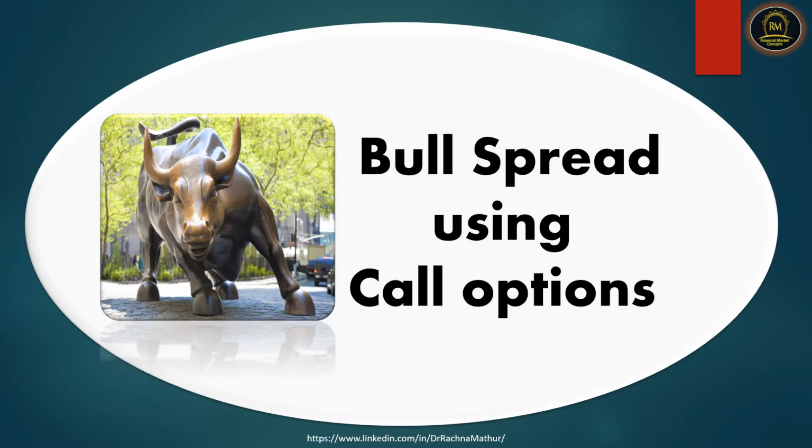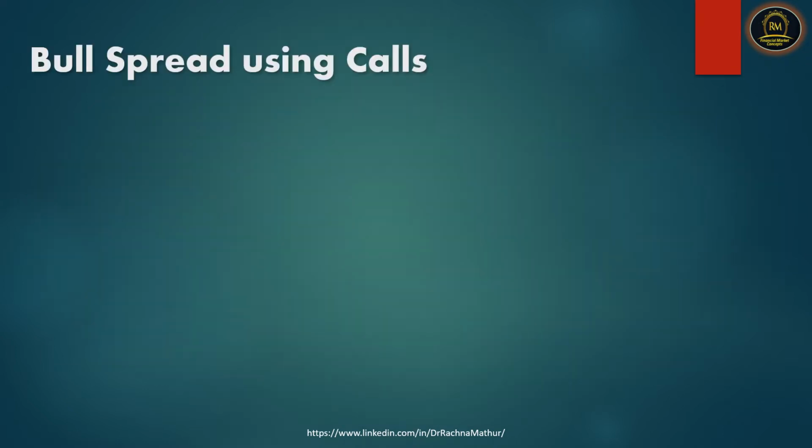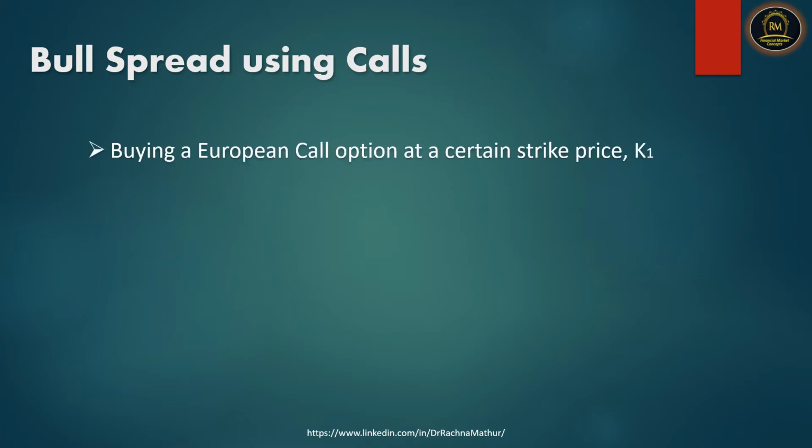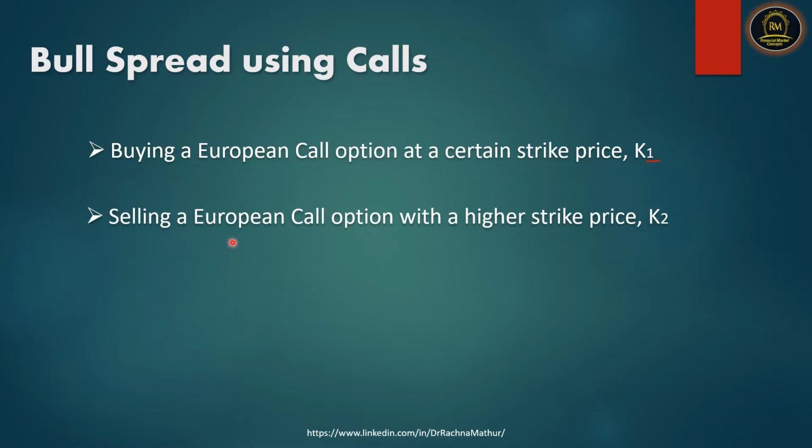Now let us see how to create a bull spread strategy using call options. To create a bull spread using call options, we have to satisfy the following conditions. Condition number 1. It requires buying a European call option at a certain strike price of K1. Number 2. Selling a European call option with a higher strike of K2.